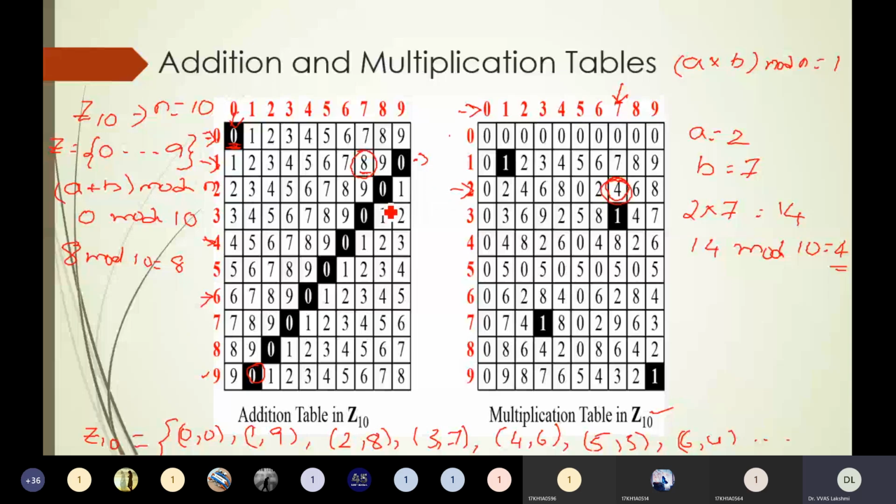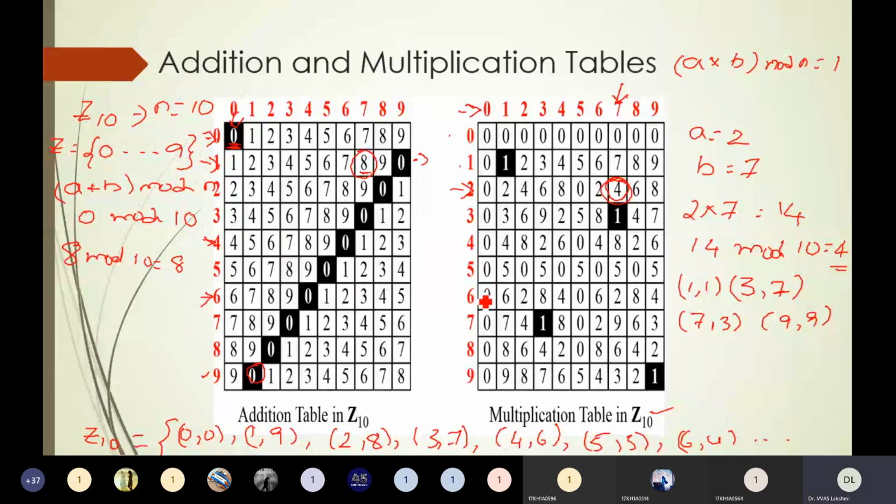Okay. Which cell contains the value 1? Those are multiplicative inverses of each other. So the combinations are 1 comma 1, 3 comma 7, 7 comma 3, and the last one is 9 comma 9.